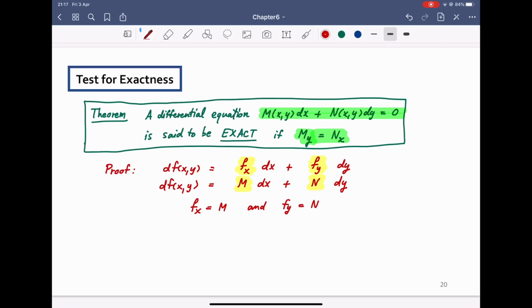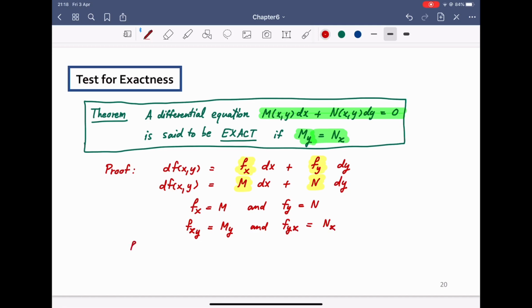If you differentiate one more time, let's do something like this. If I differentiate f sub x one more time with respect to y, I am going to get M subscript y. And if I differentiate f sub y one more time with respect to x, I should get N sub x.